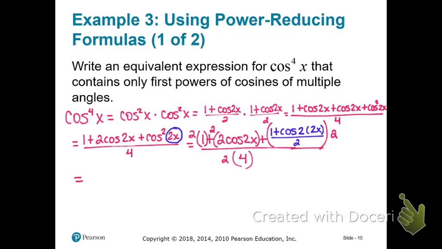So when we do that, we get 2 plus 4 cosine of 2x plus 1 plus cosine of, are y'all okay if we go ahead and multiply that as well? 2 times 2x is 4x, all over 8.